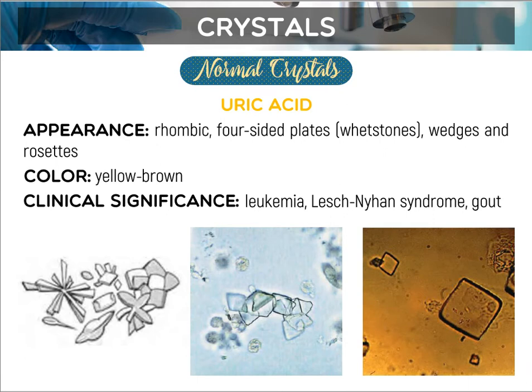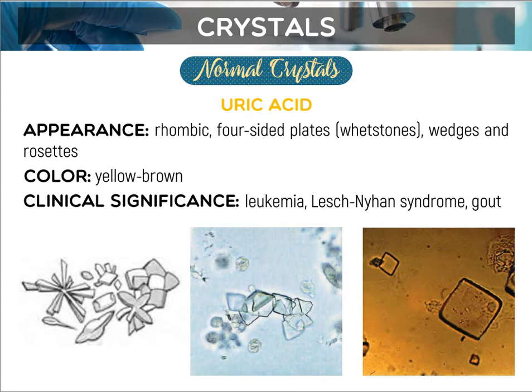So, first up, we have your uric acid, seen in acidic urine, okay? Its appearance is rhombic, four-sided plates, whetstones, wedges, and rosettes, okay? Color is yellow-brown. Its clinical significance: leukemia, Lesch-Nyhan syndrome, and gout.